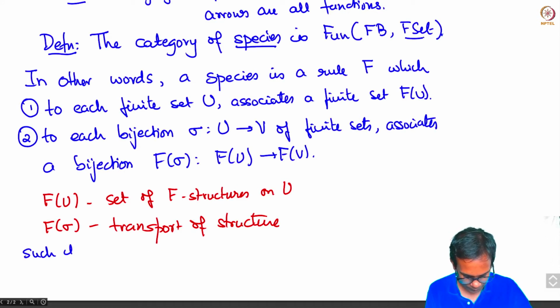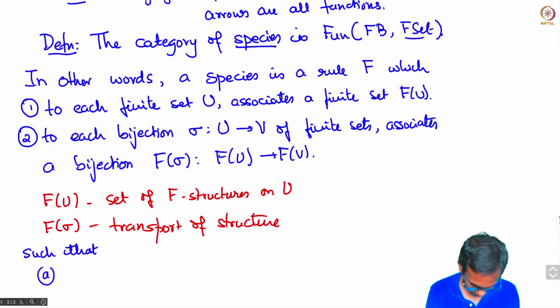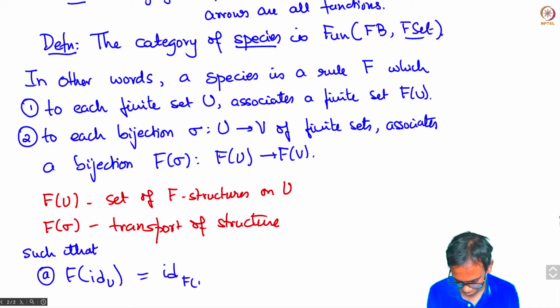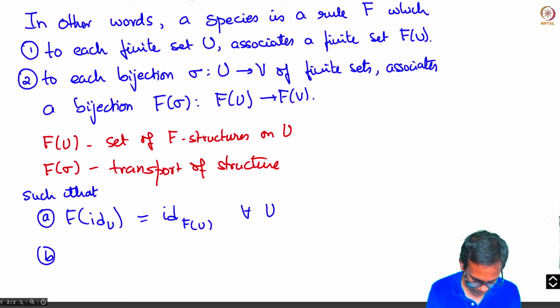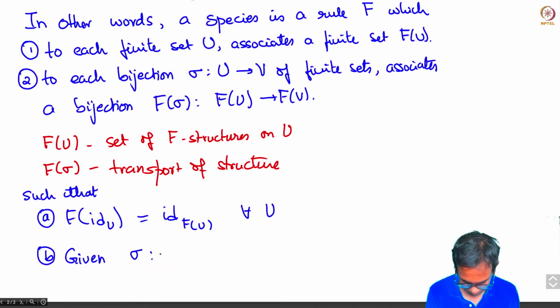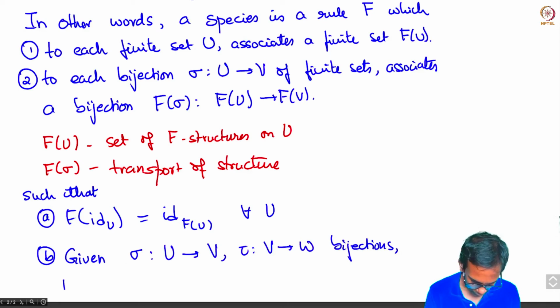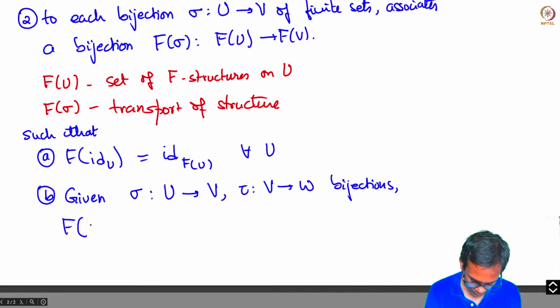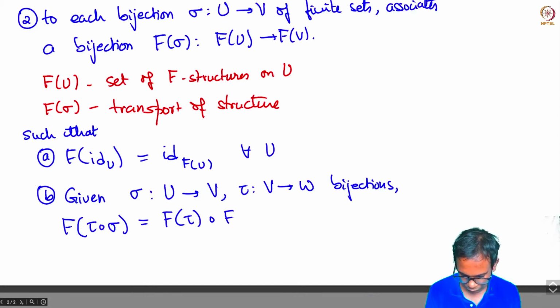So the axioms are axioms for a functor, namely that F of the identity of U is the identity function of F U for every finite set U. And the second axiom is that given bijections sigma and tau, F of tau circle sigma needs to be equal to F of tau circle F of sigma.